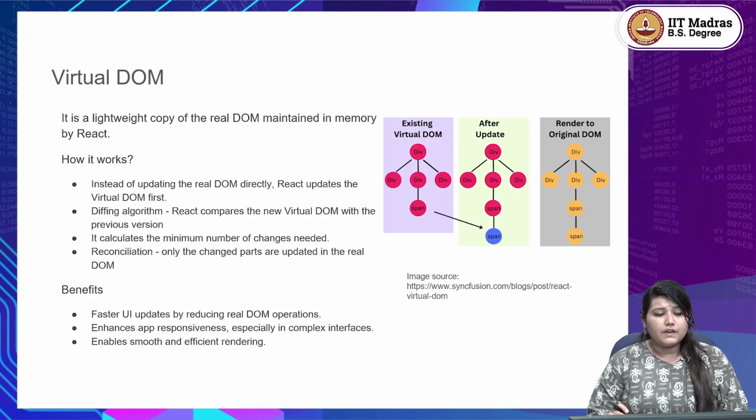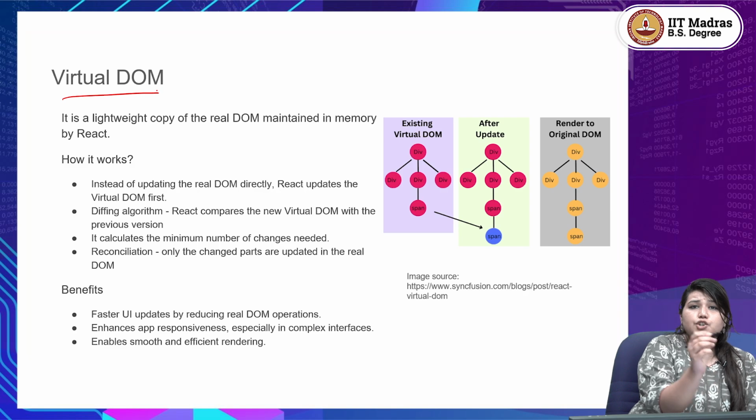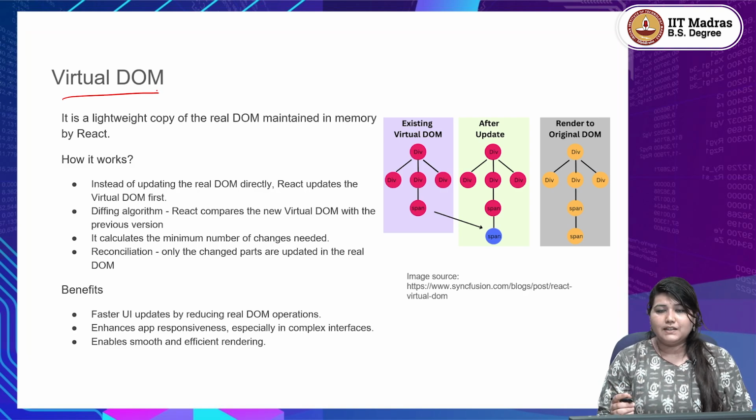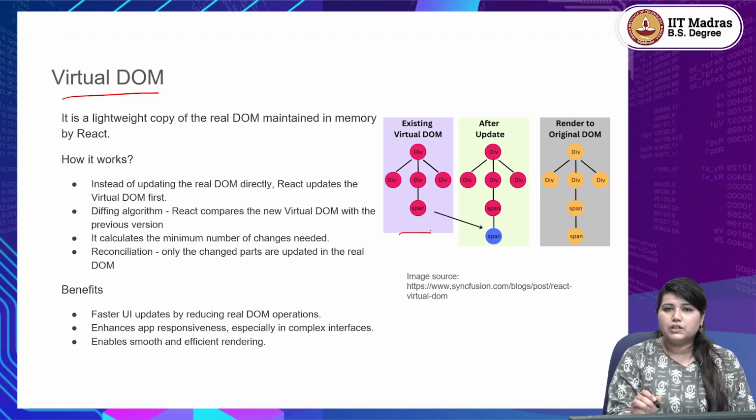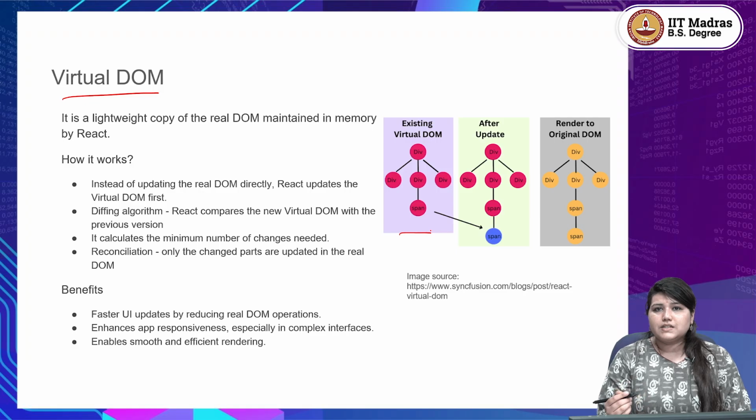Here's where the virtual DOM comes into play, and this is where React shines. Instead of interacting directly with the real DOM, React creates a lightweight copy of it, that is the virtual DOM, and stores it in memory.